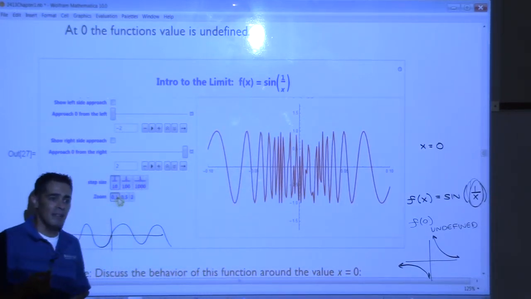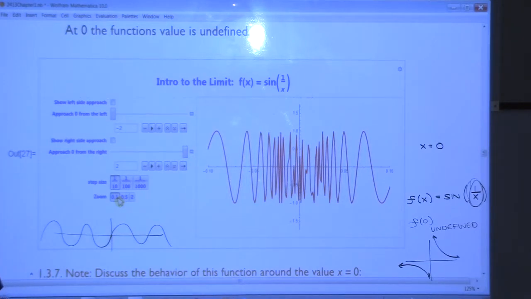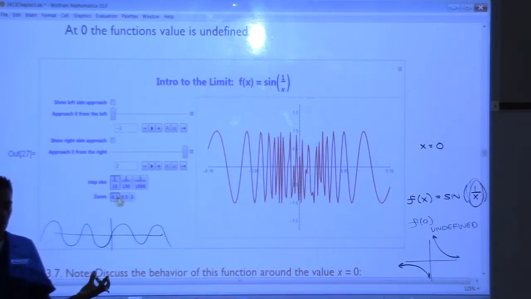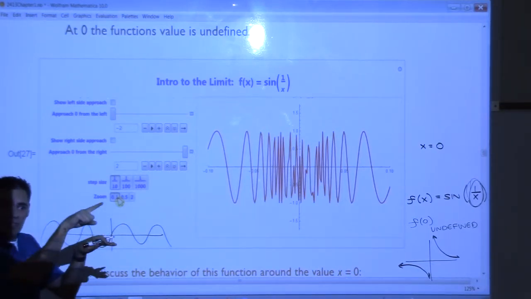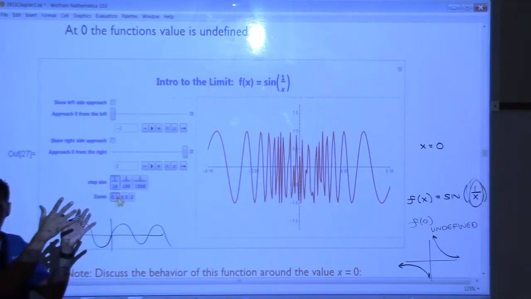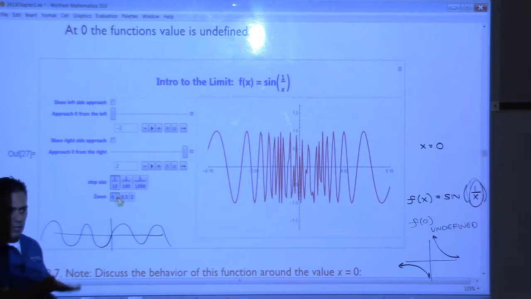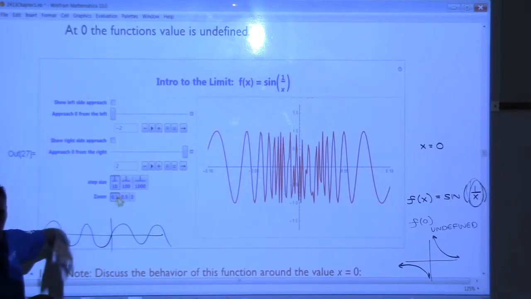So in this case, Annika, coming in from the left, we don't have a value. It's not headed to somewhere in particular, like it's not going to 8 or 6 or 4 or 1. It's just all over the place.